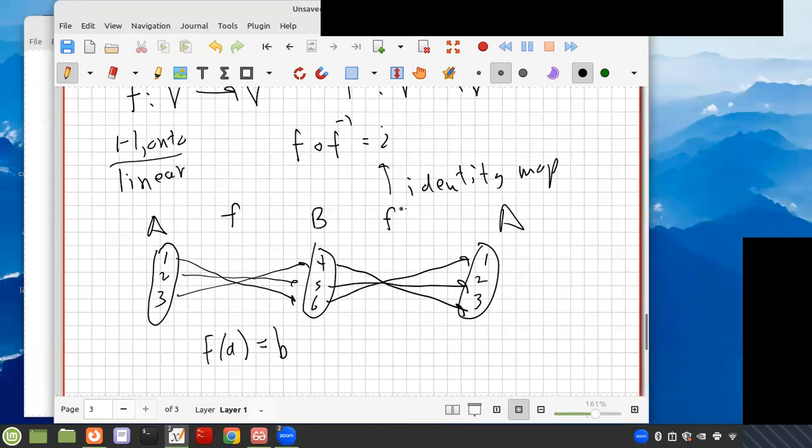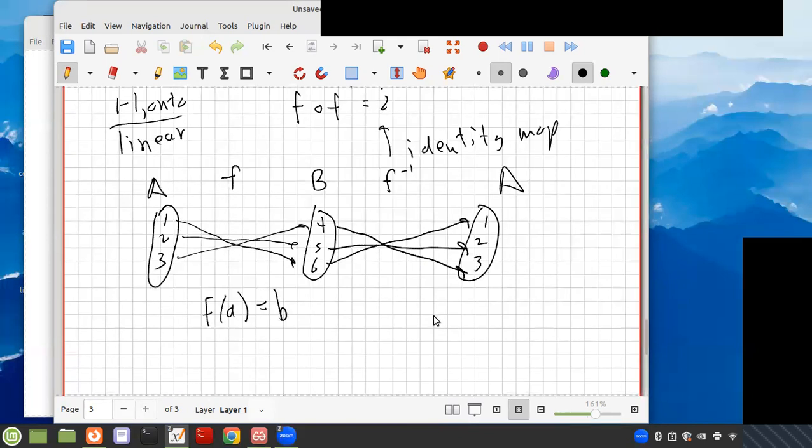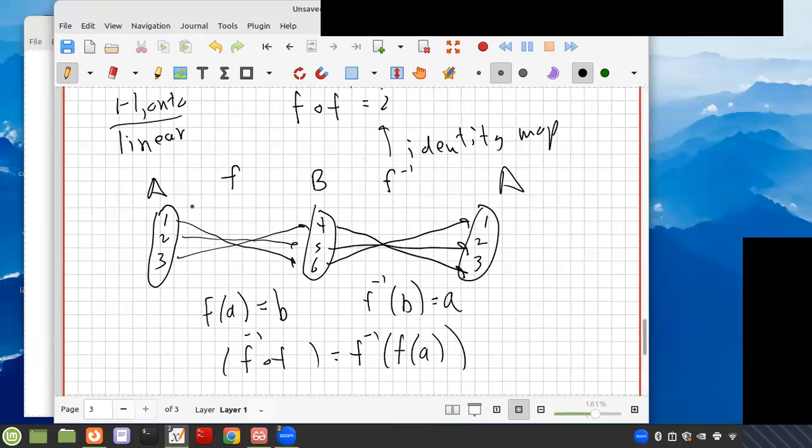Because you notice what's happened is here we have F inverse of B equals some A. Well, let's see what the composition is of F circle F inverse. Let's do it the other way around. Let's do it with F first, then F inverse. So this is going to be defined as F inverse of F of A for some A in here. Let's see what this does.